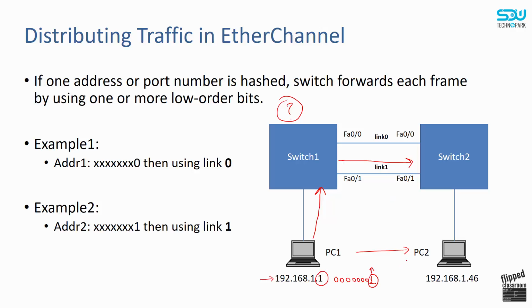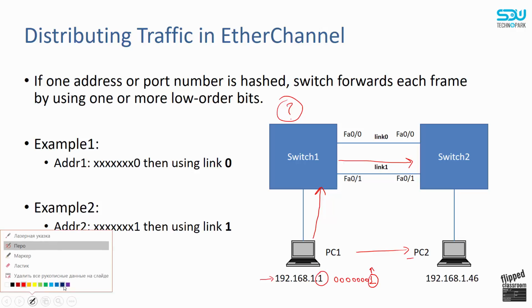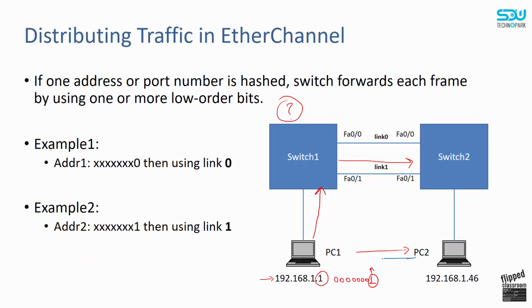And when computer 2 wants to communicate with computer 1, let me change the marker to the blue one. So computer 2 sends the information to the switch, and then it has to think through which link to send this frame. If we are using the source IP address as the method of distributing traffic in the EtherChannel, then it will look at the number 46, so let me convert this number: 4, 8, 16, 32, 64, and 128.